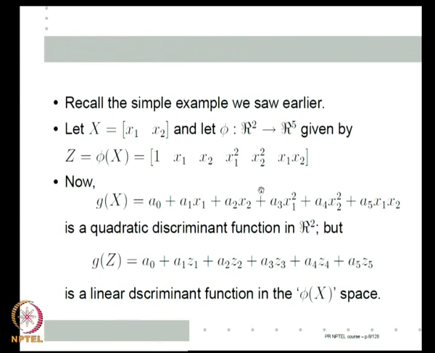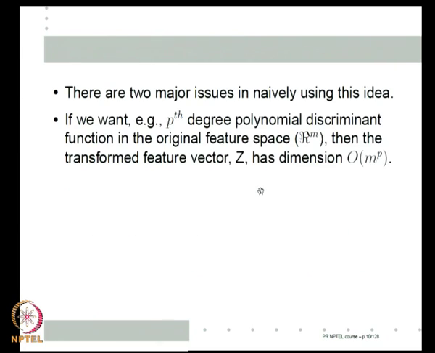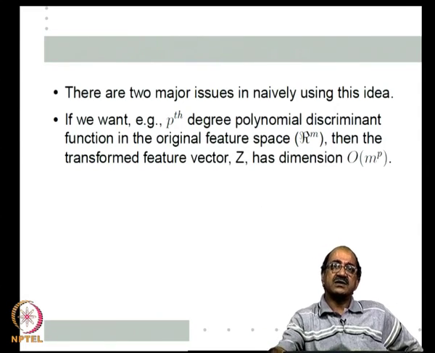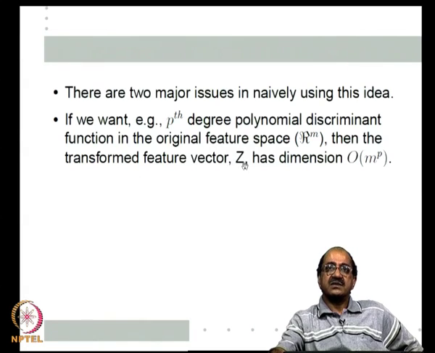So, essentially if I need a pth degree polynomial as the discriminant function in the original space, then in the transformed vector I should have terms that contain all pth degree terms in components of x, which means there will be order m to the power p terms in the vector z. So, z would have very huge dimension.